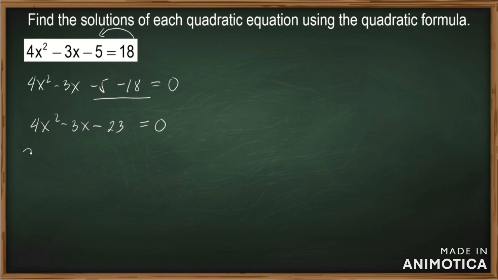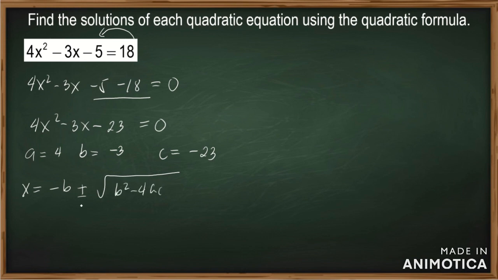Then we have here a is equal to 4, our b is equal to negative 3, and our c is equal to negative 23. And then we substitute these values in our quadratic formula. x is equal to negative b plus minus the square root of b squared minus 4ac over 2a. So we have now x is equal to the negative of b.